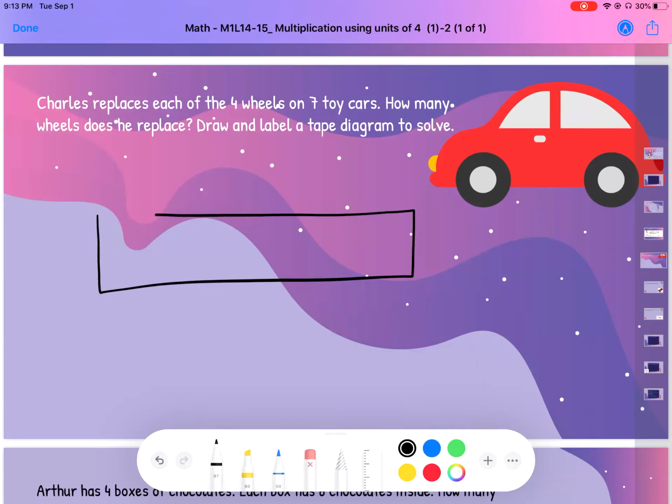I usually begin with a long rectangle and think about how many boxes I need. For this one, it says he has 7 toys, so I'm going to divide my rectangle into 7 different parts. And in each box, I'm going to draw 4 wheels, because that's the number of wheels on each toy car.